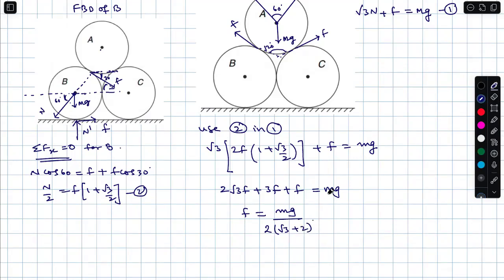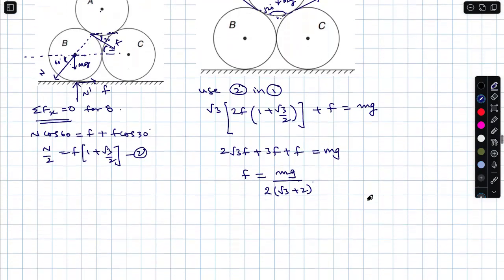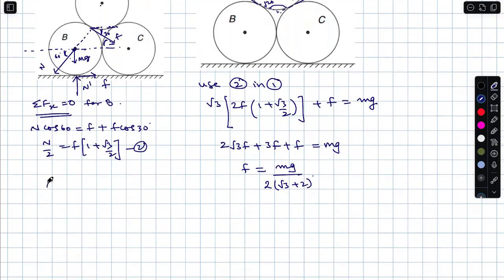F is this. I got F. What do you want? Normal reaction. N is 2F, which is nothing but mg by 2 times root 3 plus 2 times 2 plus root 3. Simply this is mg by 2.